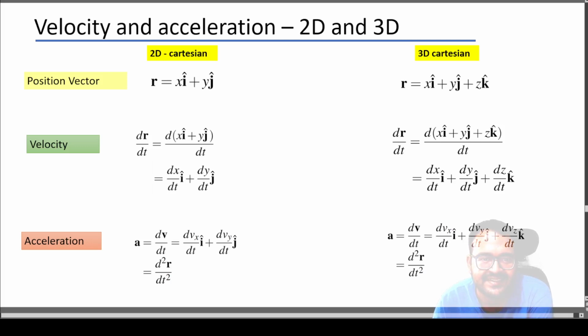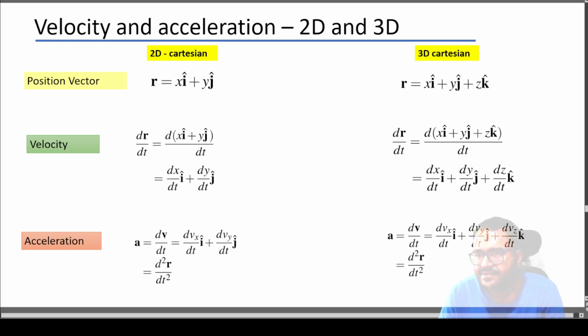So that will be d/dt of x i cap plus y j cap, and it becomes dx/dt i cap plus dy/dt j cap. So I take the derivative of each component separately and define the velocity. Acceleration will be again another derivative. So it will have dvx/dt i cap plus dvy/dt j cap. And so simply d squared/dt squared, double derivative of a position vector.